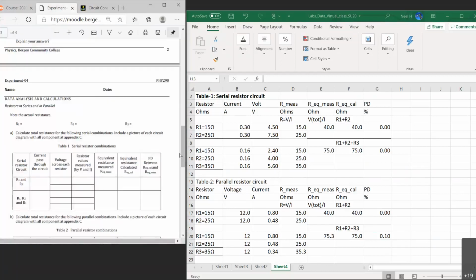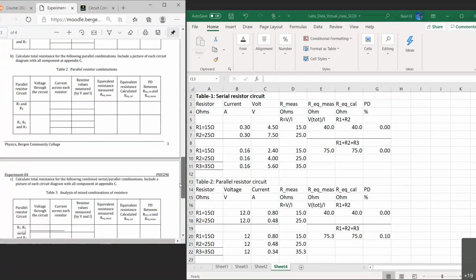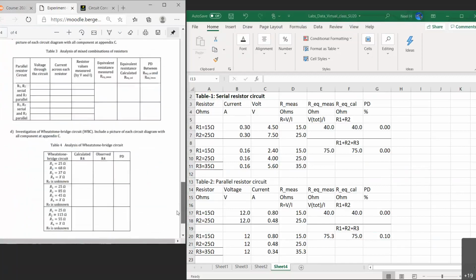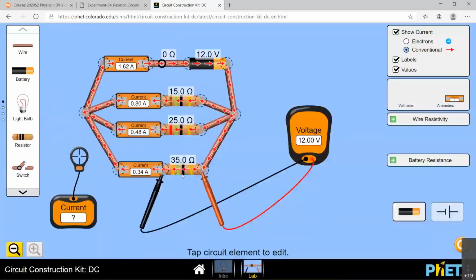Now we are done with table number 1 and table number 2, all the calculation, and then let's continue to table number 3. Table number 3, you have to make a new circuit, and it says R1 and R2 in series, and then R3 parallel to them, right? So let's make that circuit first.